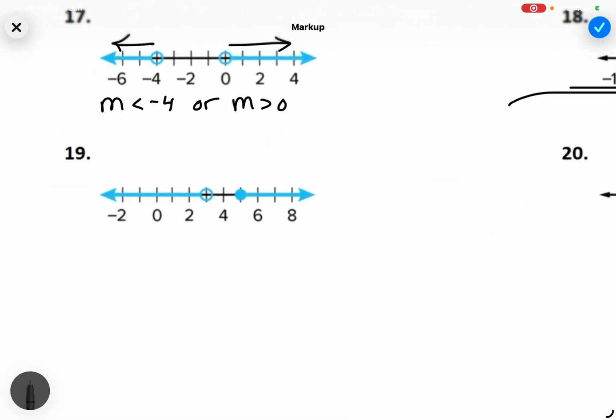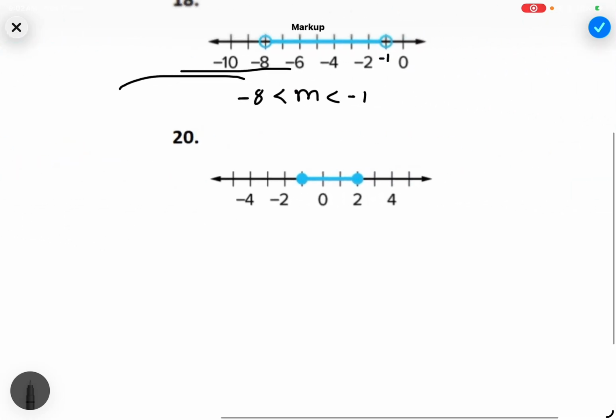Okay. This is 3 and this is 5. M is less than 3 because it's pointing that way, or m is greater than or equal to 5.